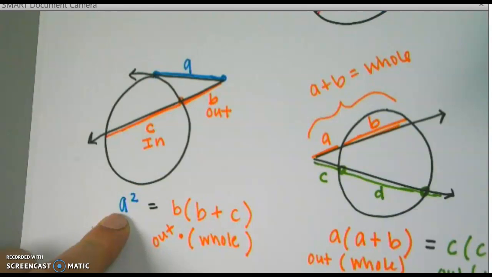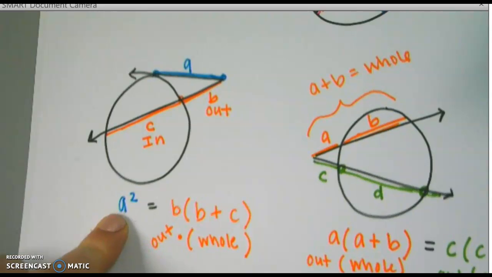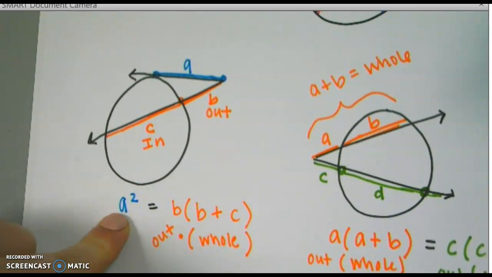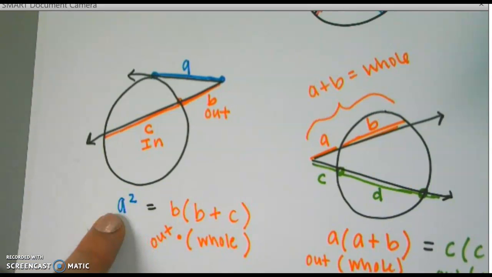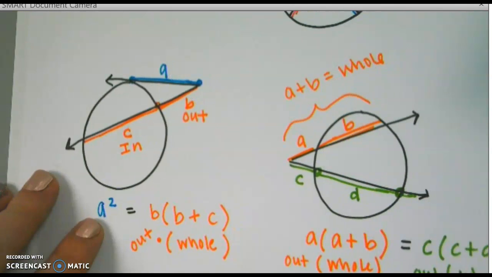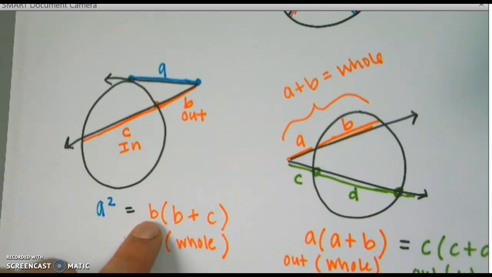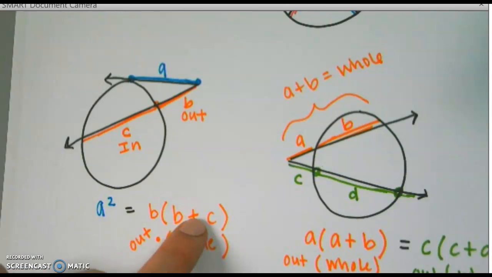It's the tangent piece squared. We have to multiply it by itself to balance everything that's going to happen with the secant. So the tangent piece squared is equal to B, which is the outside piece, times B plus C, which is the whole secant. So it's the outside piece times the whole thing.